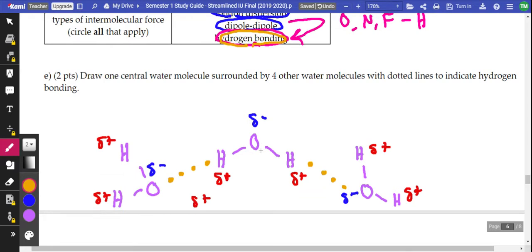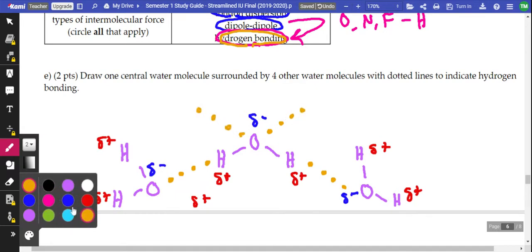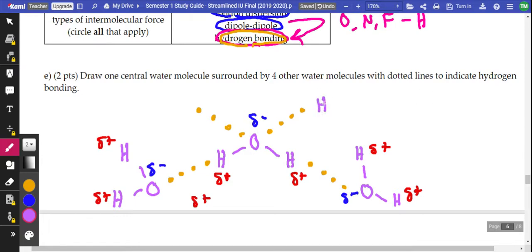Okay, now this partially negative end of the water molecule can also go and attract to other stuff. So let's do 2 more of these. So partially negative end of this water molecule is going to attract to a partially positive end of a different molecule, like the hydrogen atoms over here.